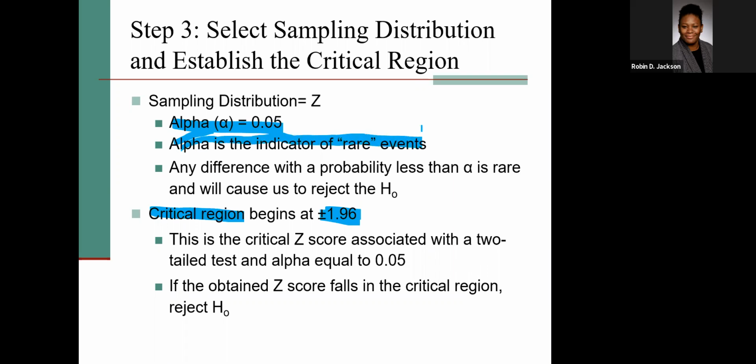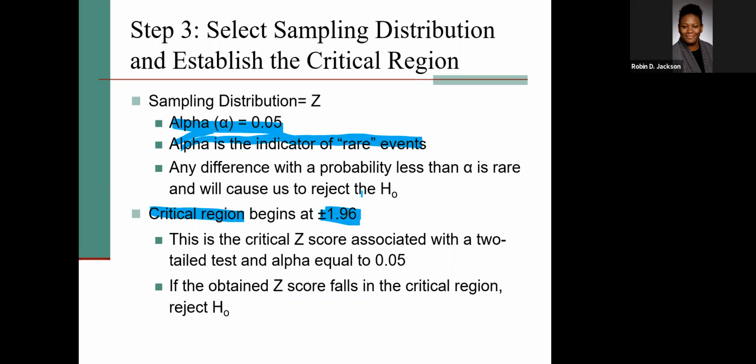All right, so this alpha is an indicator of rare events. So we can basically say it's going to be rare that these differences are due to chance. All right, that's essentially what's being said. Any difference with a probability less than 0.05, that's our alpha level, is rare, and will cause us to reject the null hypothesis.